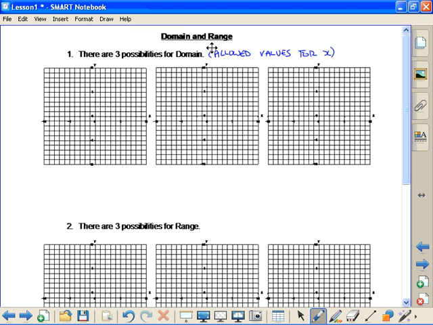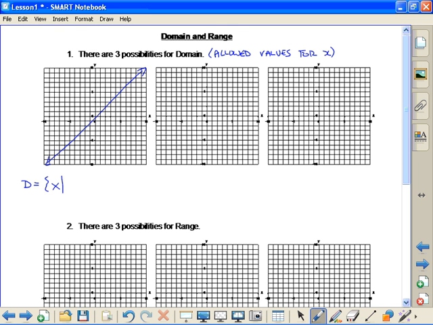So when you're looking at a particular graph, we have a couple to look at. We could have one that continues on in both directions. So let's take a line, for example. You just draw any line through the grid. Our domain for this one would look like this.